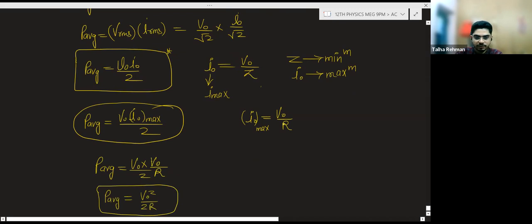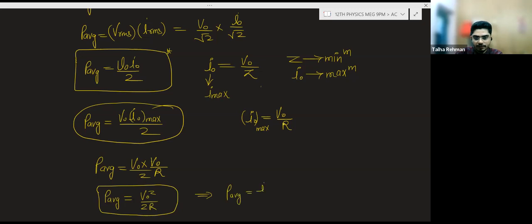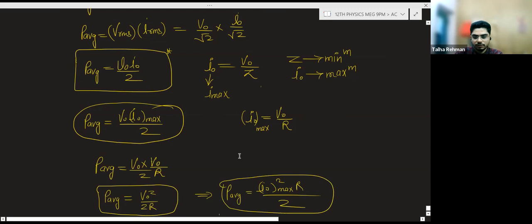You can write this in terms of the current also. This will become I naught max square into R divided by 2. So this will be your average power.